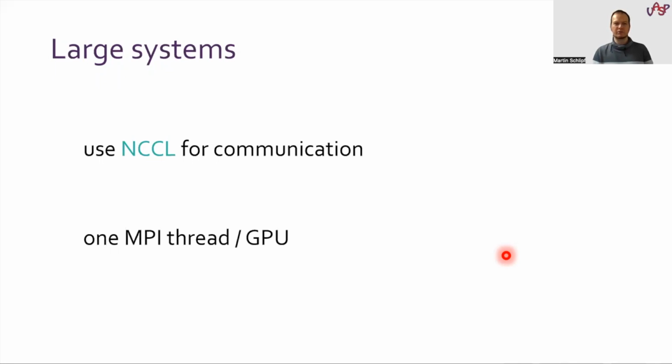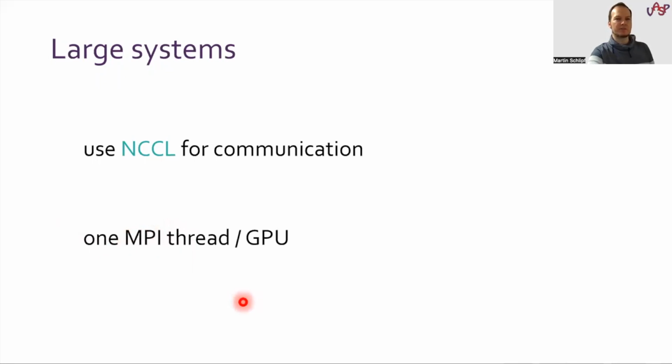It allows you to use an asynchronous pattern, which hides the communication behind calculation, so you can do both calculation and communication at the same time. One restriction, though, is that you can only use a single MPI process per GPU. You might still use OpenMP, but the requirement is a single MPI process per GPU.